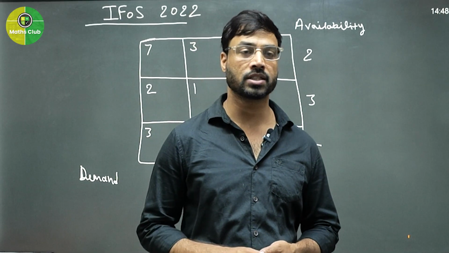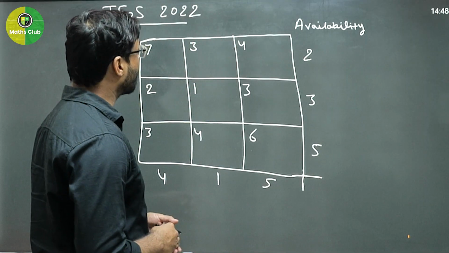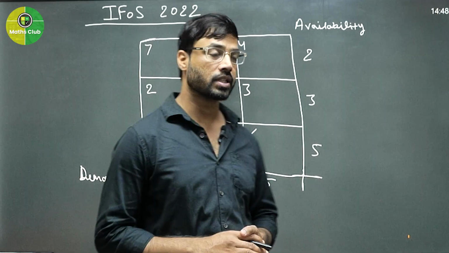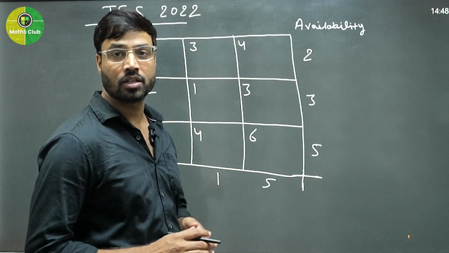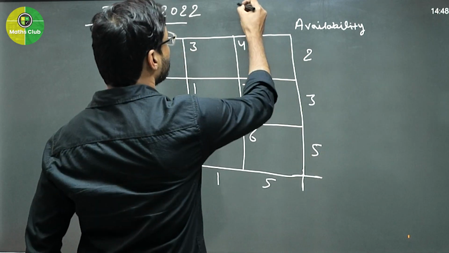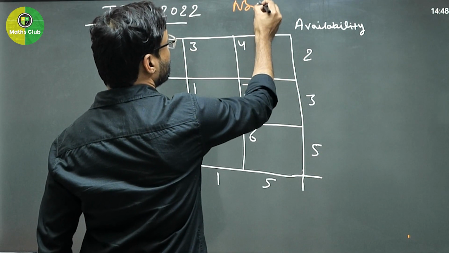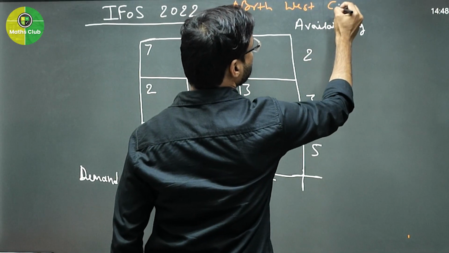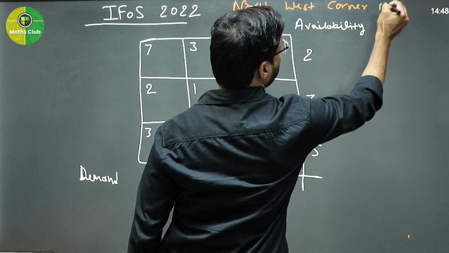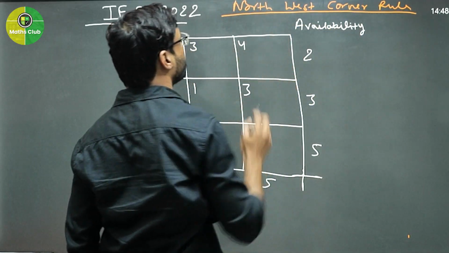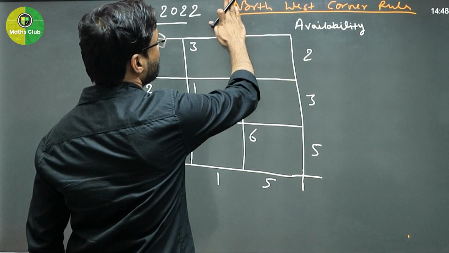Today we are going to discuss a previous year question of IFoS 2022 on the transportation problem. In this problem, they have asked to find the initial basic feasible solution of this transportation problem by the northwest corner rule.